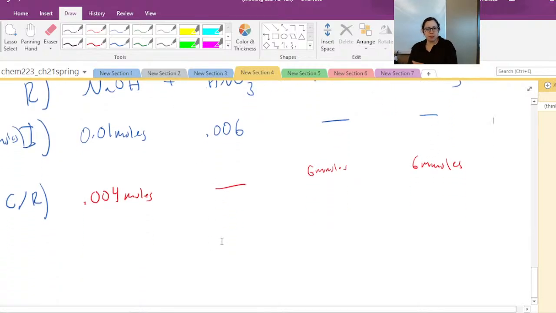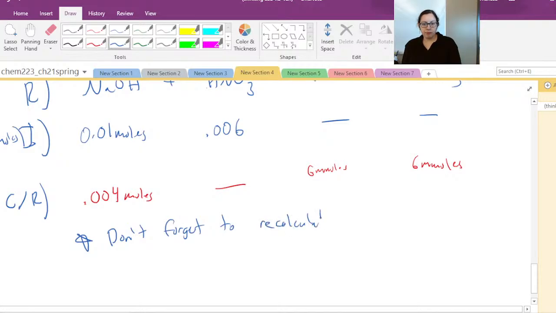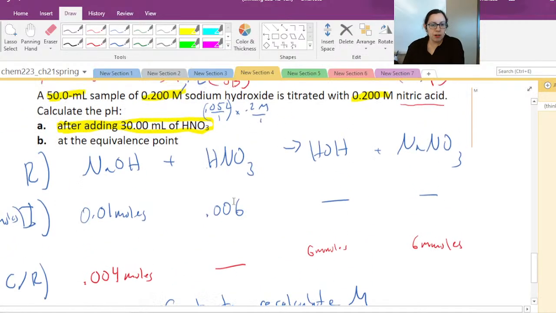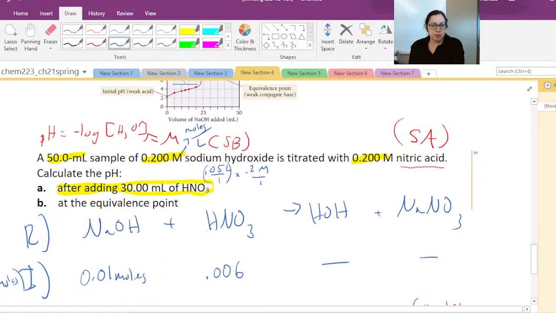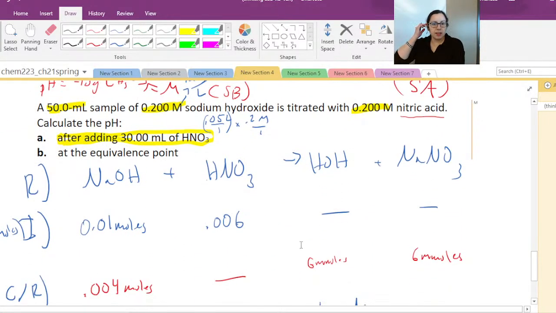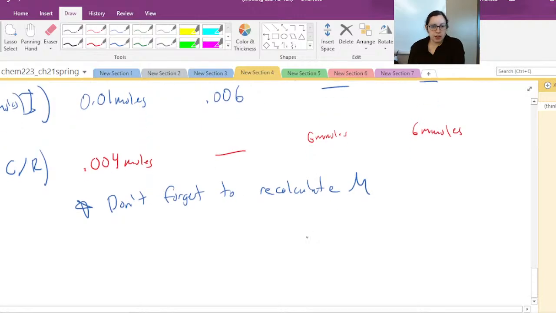Let's not forget that, and maybe star that on your lab: don't forget to recalculate molarity. So what's our new volume? We had 50 plus 30, so we're at 80.